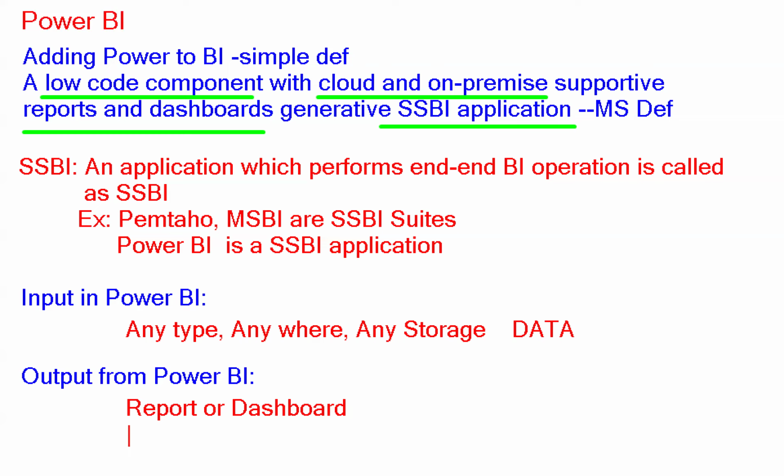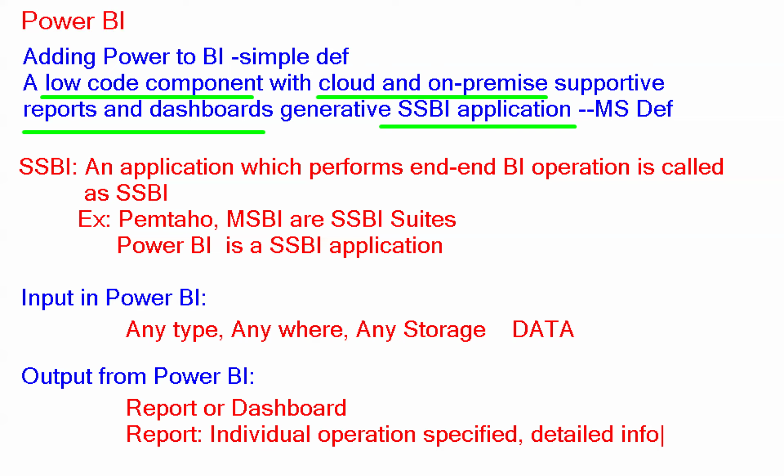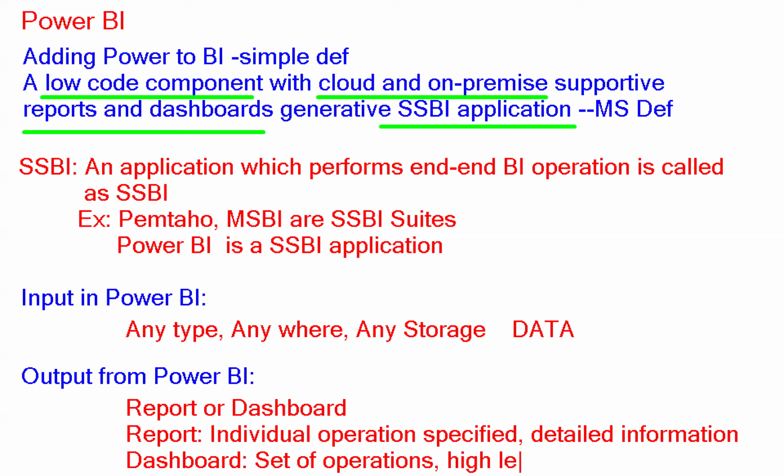And what are the differences between report and dashboard? Single line. Report: individual operation specified, detailed information available. And dashboard level: set of operations, high level information available.